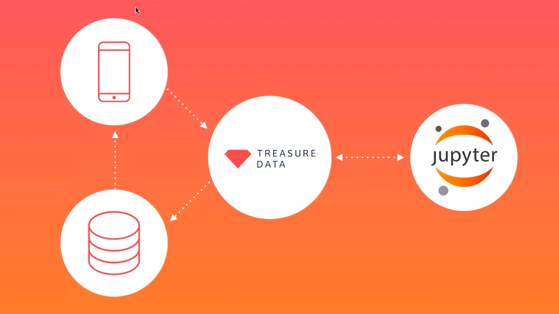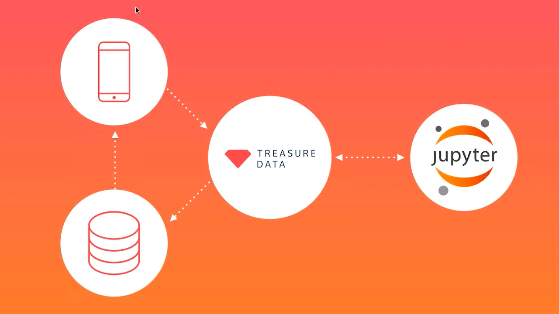I want to talk to you guys really quickly about how some of our customers are running these things together. I can't give you names, but a number of our customers are already running Jupyter and Pandas together with Treasure Data. A typical case study looks something like this.